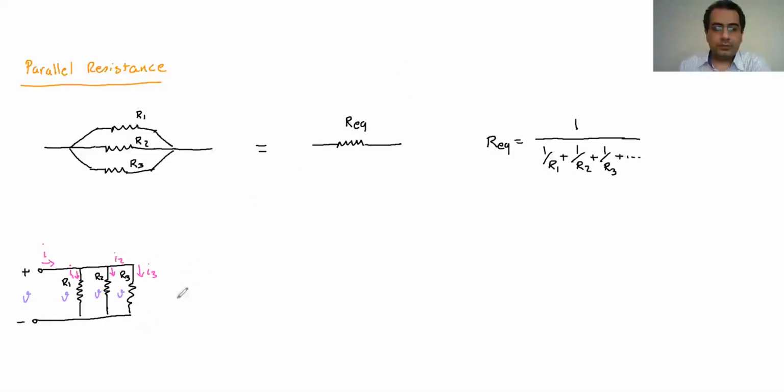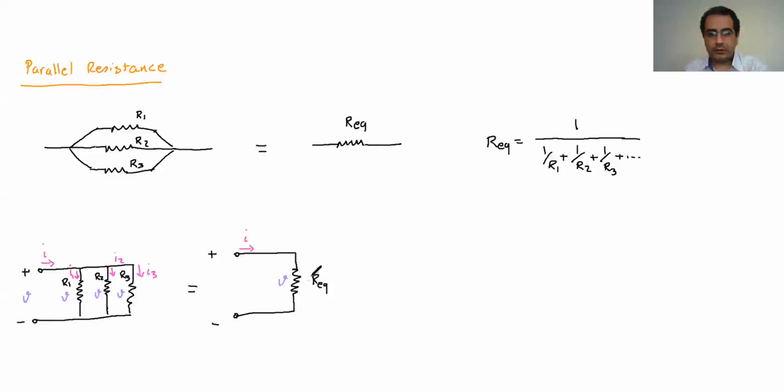So if I want to replace this with the equivalent one, I take them and replace them with an equivalent resistor, say this is Req. Then I know that what's going in there is I, and the voltage it has is V. When I calculate the I here, I can't say anything about I1, I2, or I3.